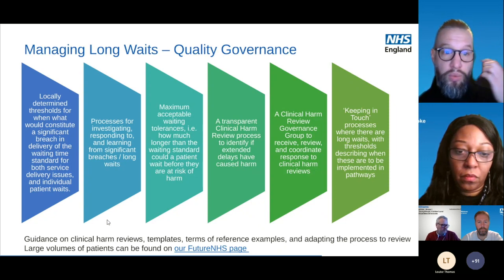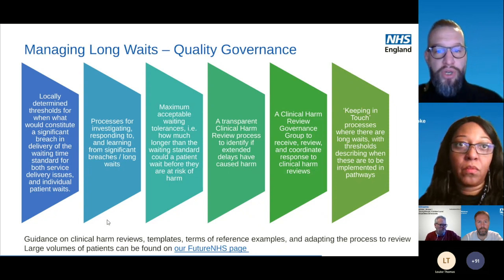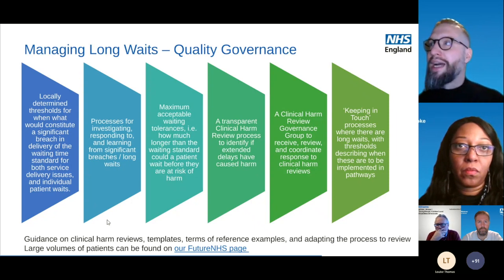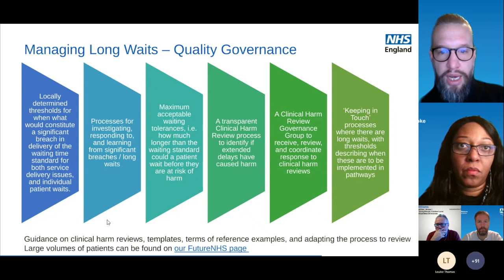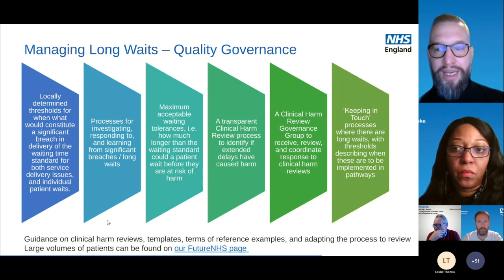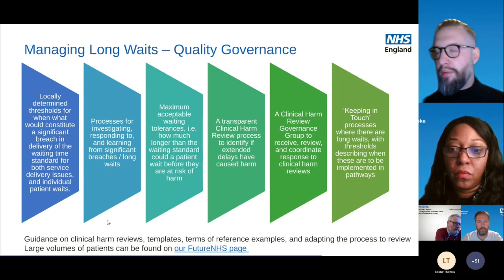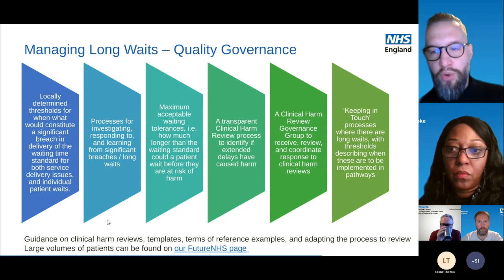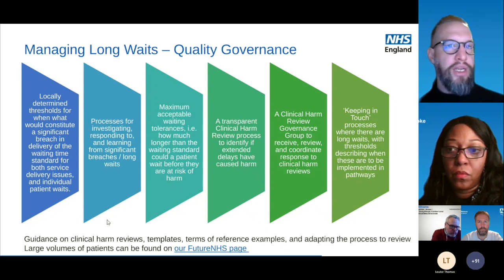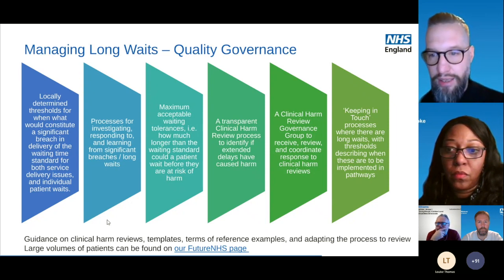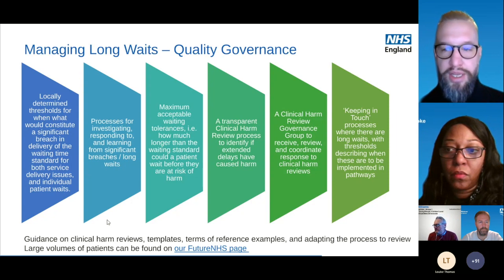Similarly, you will want to set a threshold for the maximum tolerable waiting time for any individual. So if I'm just picking these entirely out of the air, if you had a 4-week standard and somebody had been waiting for 18 weeks, you may want to consider that a serious breach.